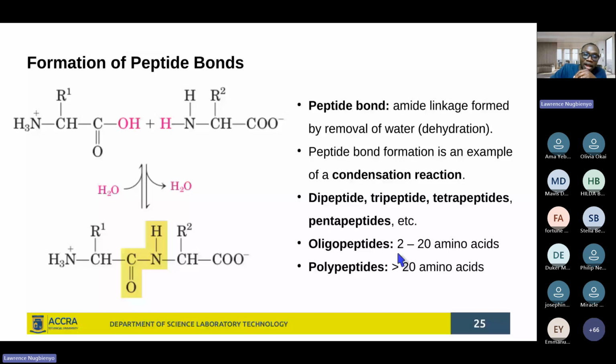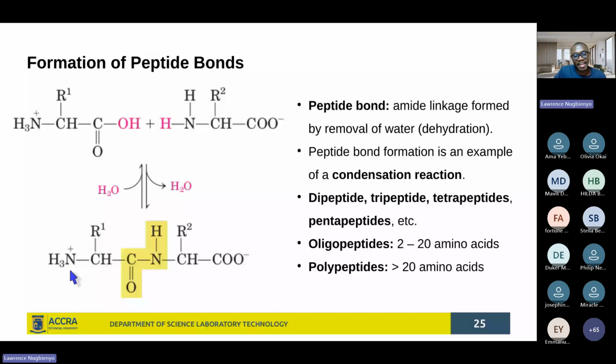Okay. Now, another thing that you should pay attention to is that, you see, when these two amino acids bonded, forming the amine group, you see the end on the right-hand side is a carboxylic acid group. And the end on the left-hand side is an amine group.